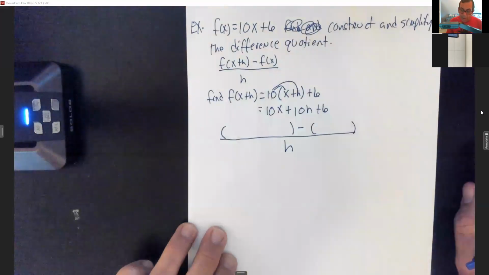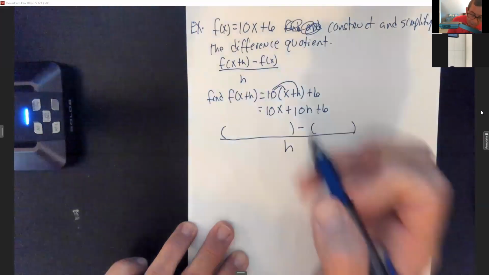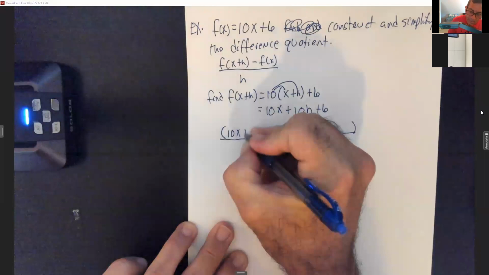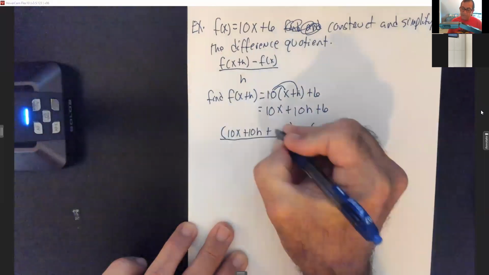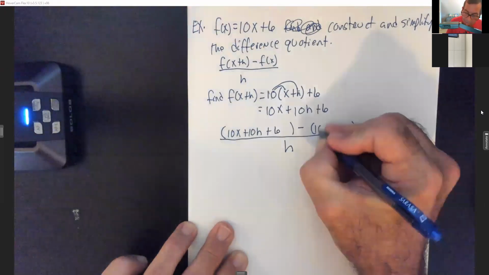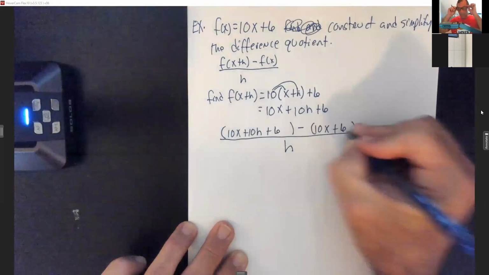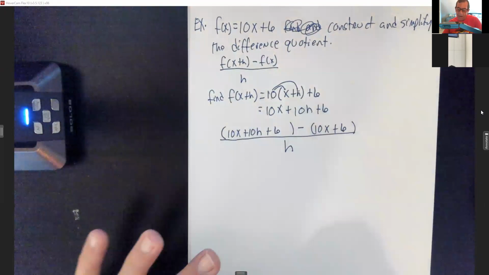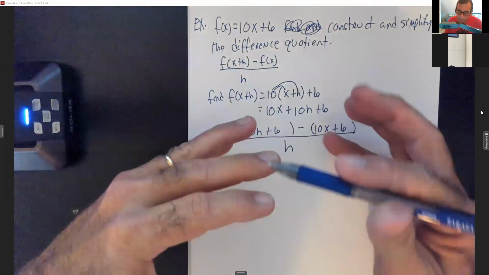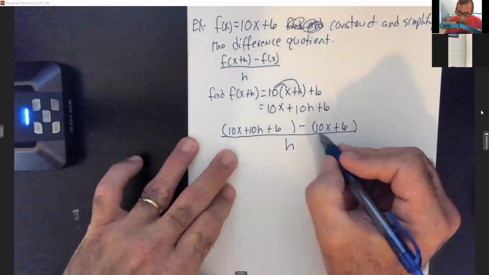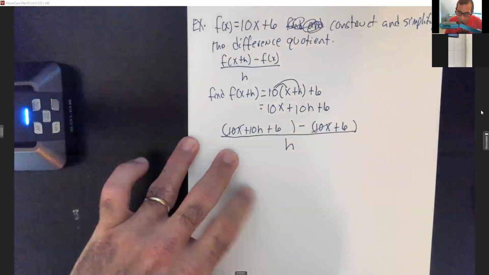All right, so let's bring the f of x plus h. We said that was 10x plus 10h plus 6. F of x they gave me, that was 10x plus 6. Now, y'all, I'll show y'all, if you don't want to have to rewrite this every time, since these are being subtracted, you got a negative 10x that cancels with a positive 10x.